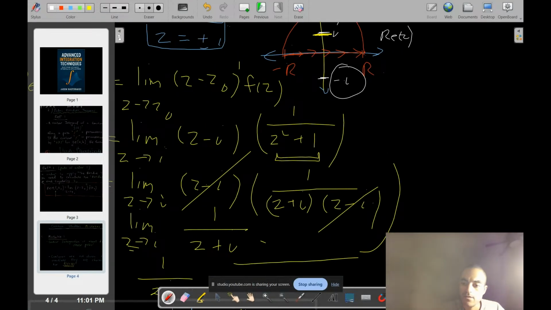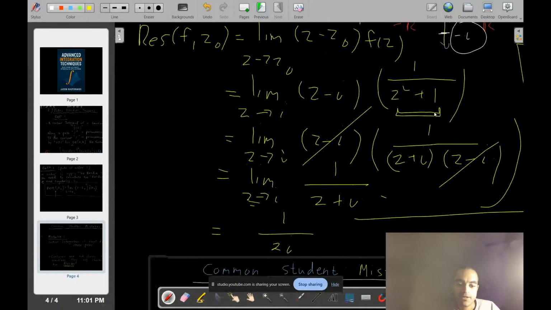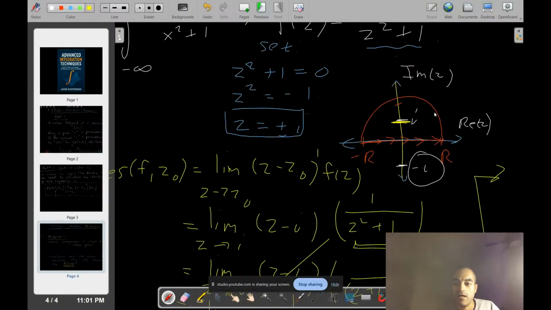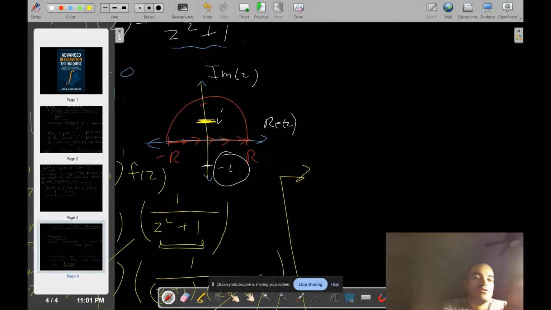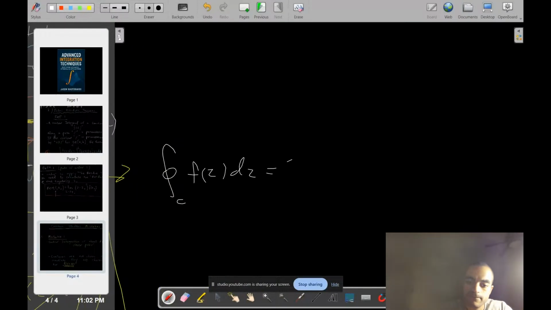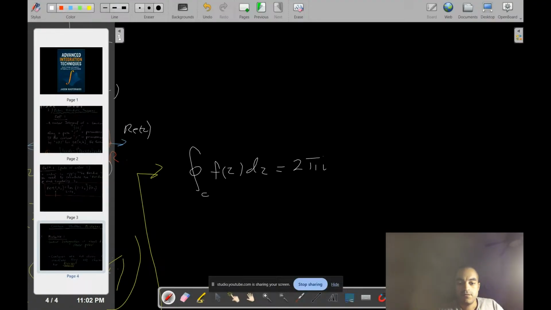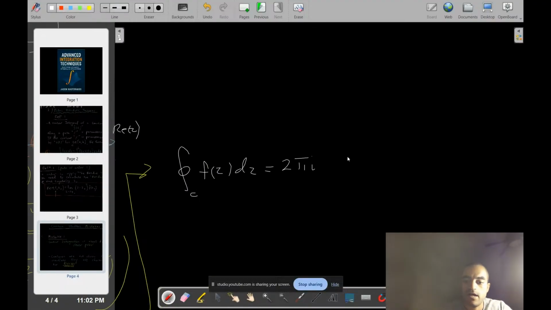Something interesting happens. This is my only residue because it's inside of the contour. Now I can use the residue theorem. Remember, the contour integral over C of f of z dz is equal to 2 pi i times the summation from k equals 1 to n of the residue of f at z sub k.